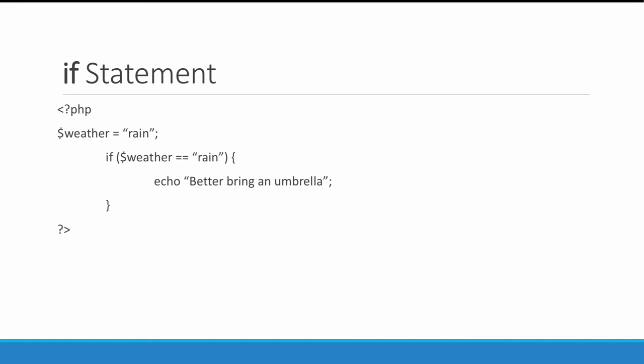And so that's our conditional, that weather has to equal rain. And if it does, then in the next line we're saying echo or show on our screen that you better bring an umbrella.